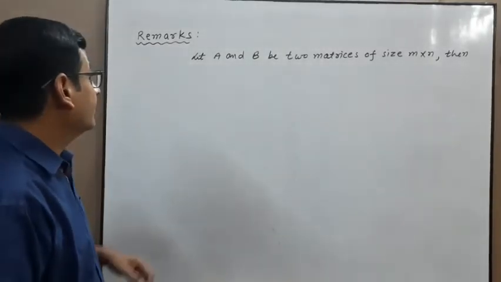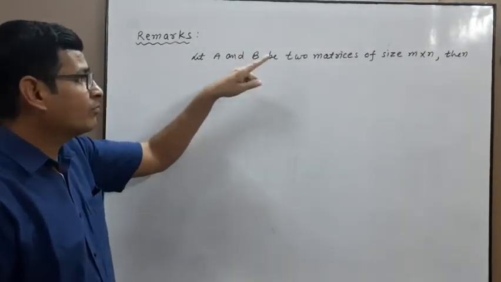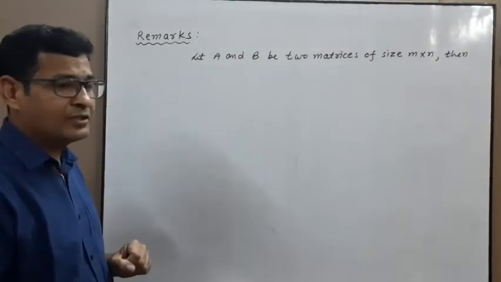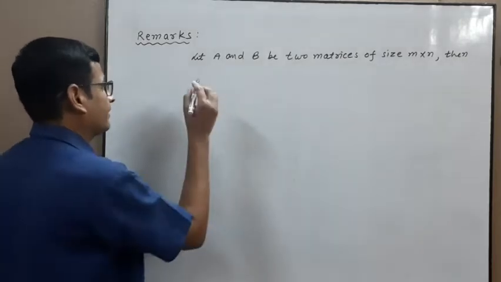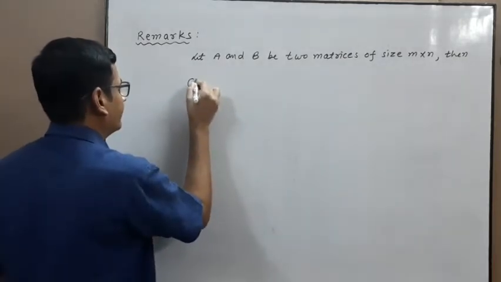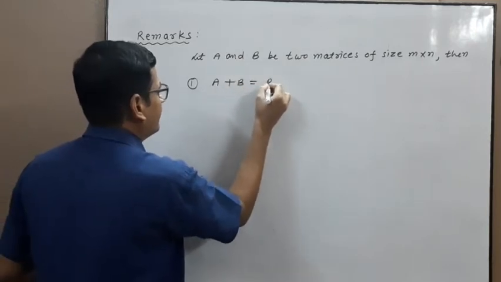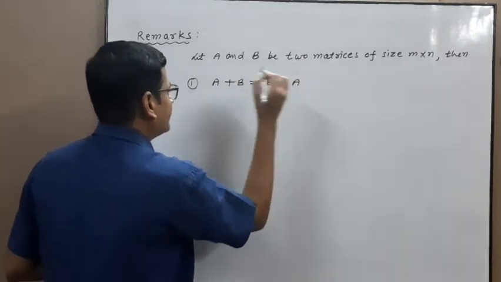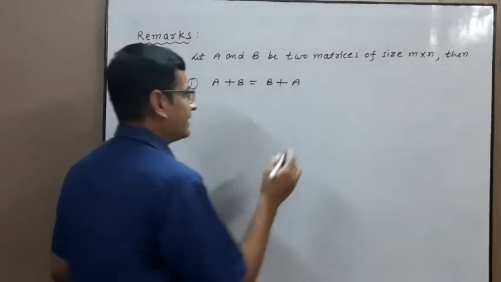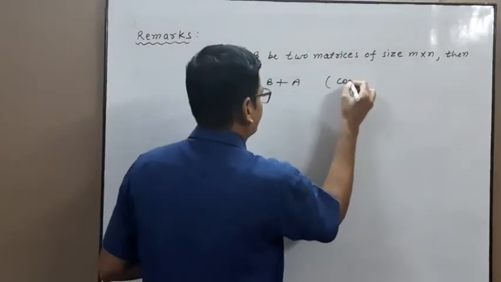Remarks. Let A and B be two matrices of size m into n. Then, number 1, A plus B is equal to B plus A. Means with respect to addition, matrices are commutative.